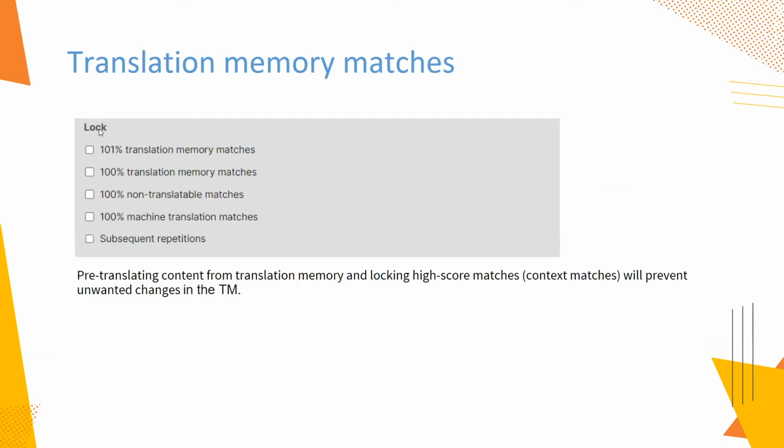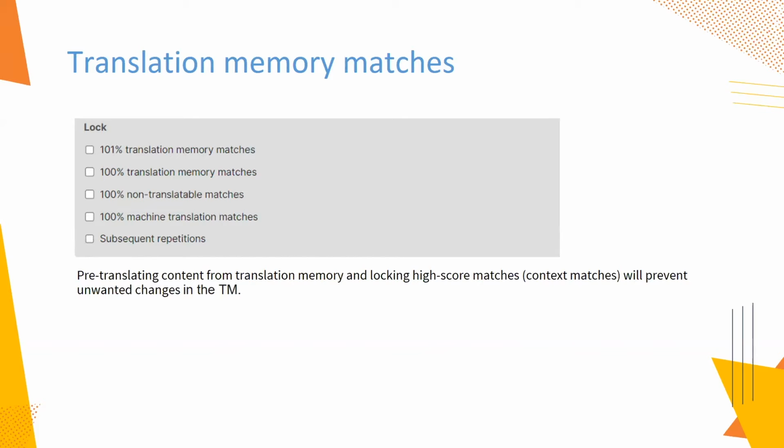For example, this is about the lock function of translation memory matches. What kind of situation will lead to the lock of some fragments? For example, if it is over 101% translation memory matches, or it is 100% translation memory matches.